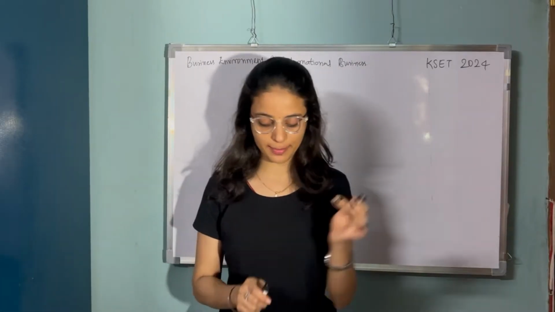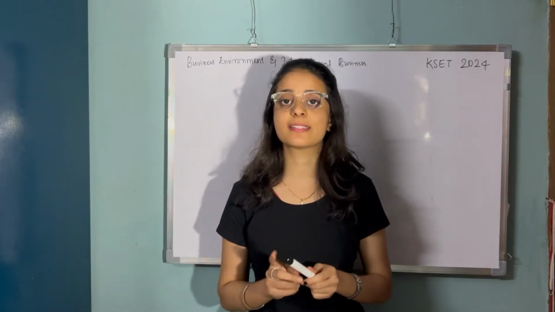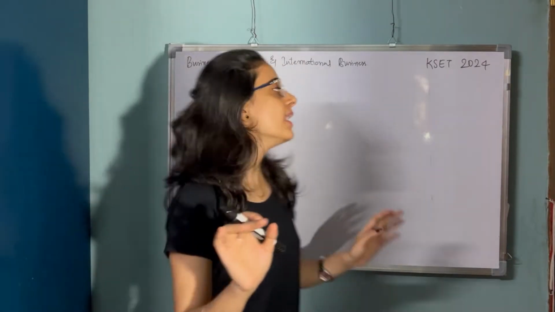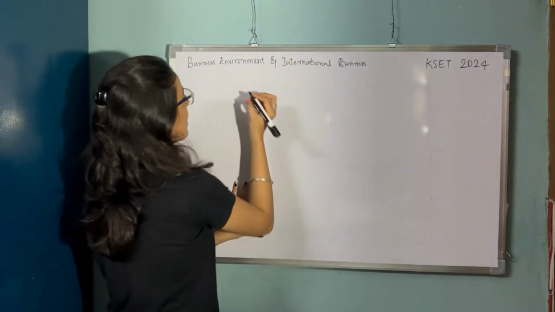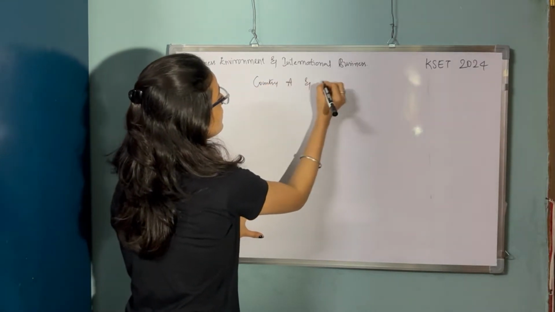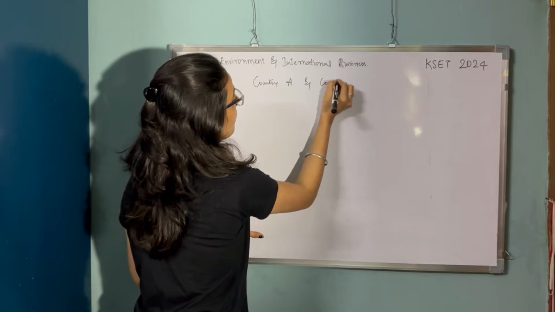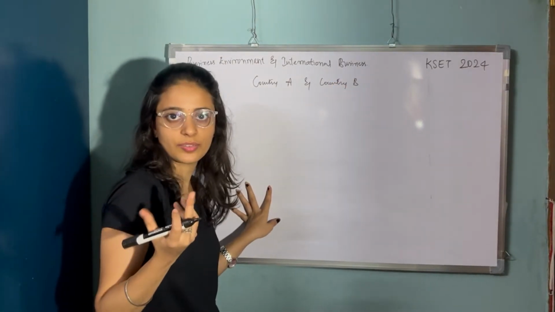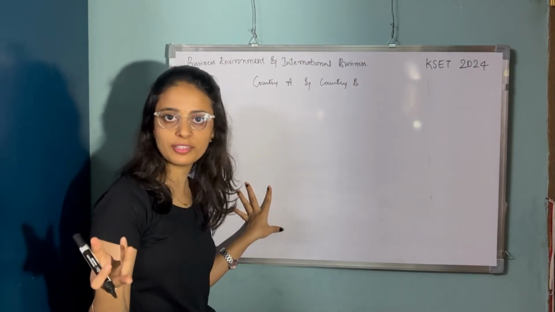So now the concept of foreign investment, that is foreign direct investment and foreign portfolio investment. Let us understand this in simple terms first, like country A and country B. The country I am staying in is my country, whereas the rest of the countries are foreign to me, right?